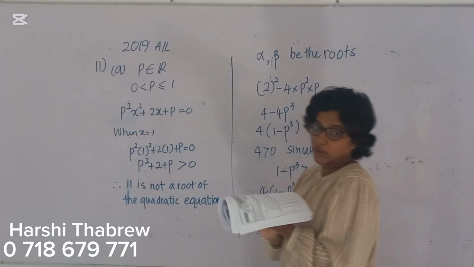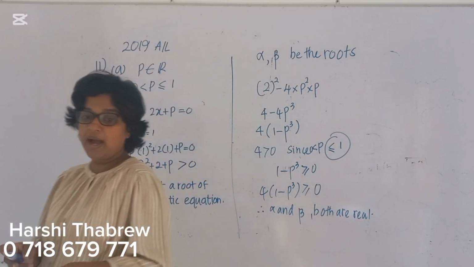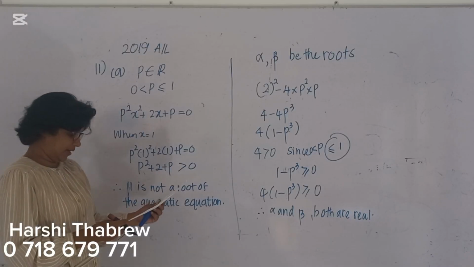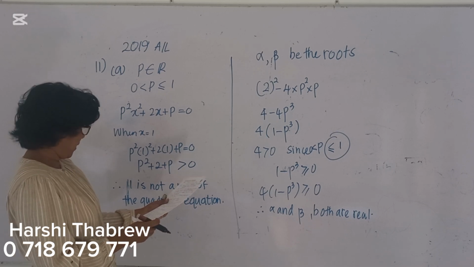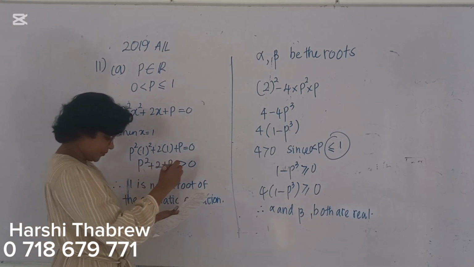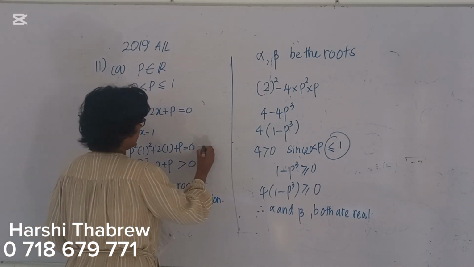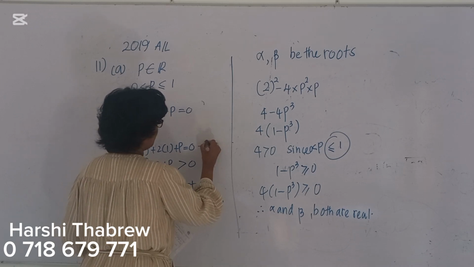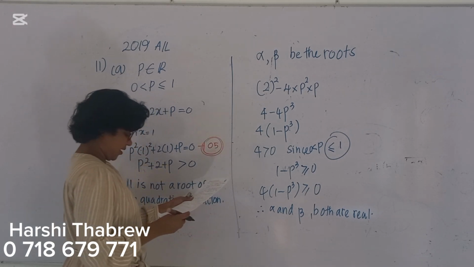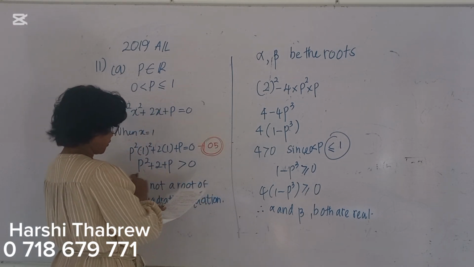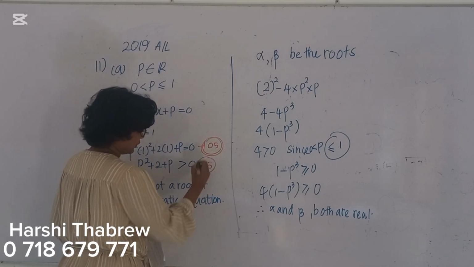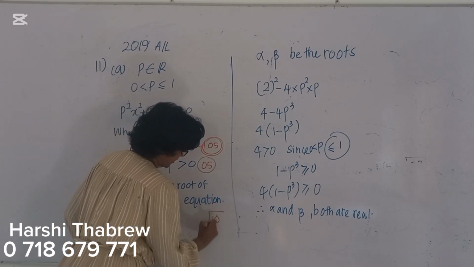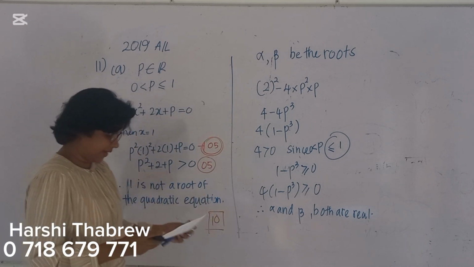Okay, let's see the allocation of marks. For the substitution, they had given 5 marks. For showing that, they had given 5 marks, altogether 10 marks for this part.